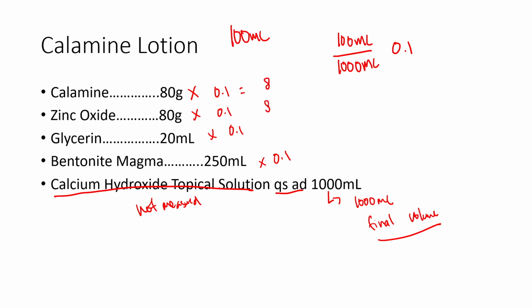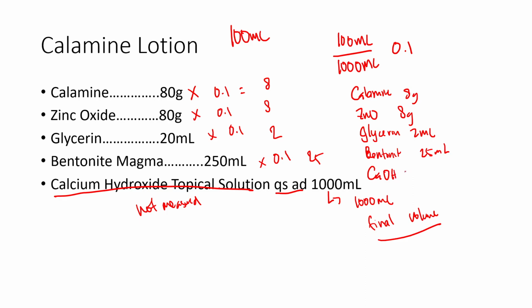So this is 8, 2, and 25. So if we're going to rewrite the new recipe, calamine, 8 grams, zinc oxide, 8 grams, glycerin, 2 ml, bentonite magma, 25 ml, and calcium hydroxide topical solution, QS add, 100 ml.